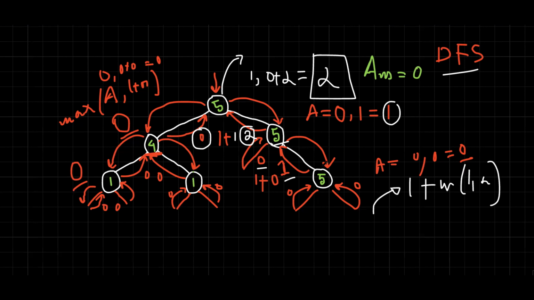Otherwise, we are calculating the answer, which is the maximum of the answer and its left plus right value. And this is how we are going to solve this problem. I hope you understood the algorithm. Now let's move on to the code.